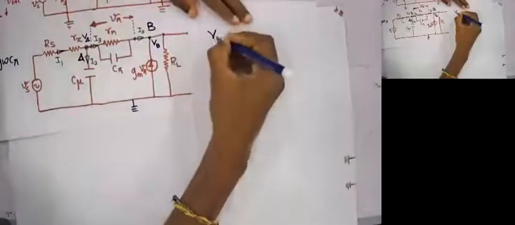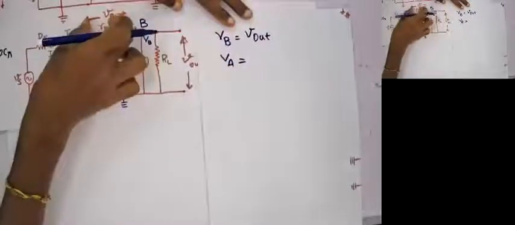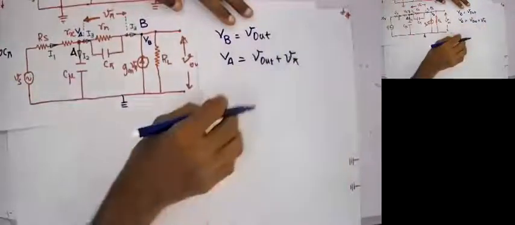So VB will be equal to the output voltage V out, and VA equals V out plus V pi. Am I right? V out plus V pi.